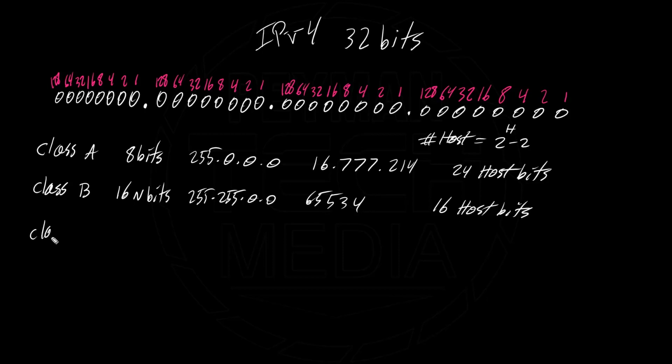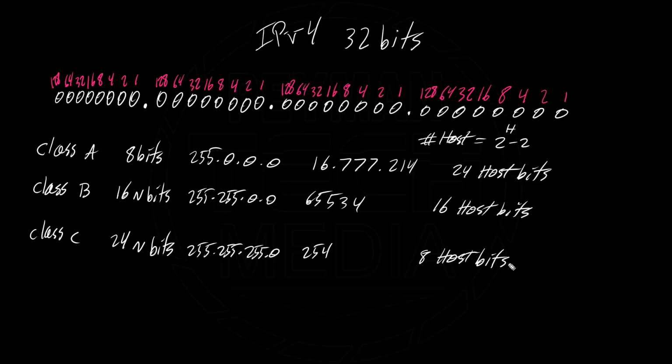And then class C, we have 24 network bits, and the default subnet mask is 255.255.255.0, which gives 254 available IP addresses, and 8 host bits, because 24 plus 8 is 32. 16 plus 16 is 32. 8 plus 24 is 32. And again, in IP version 4, we have 32 bits.